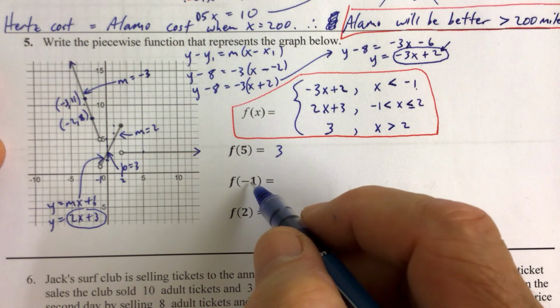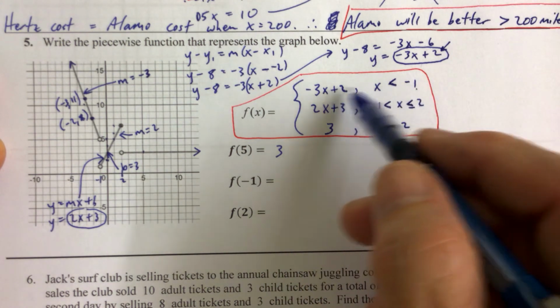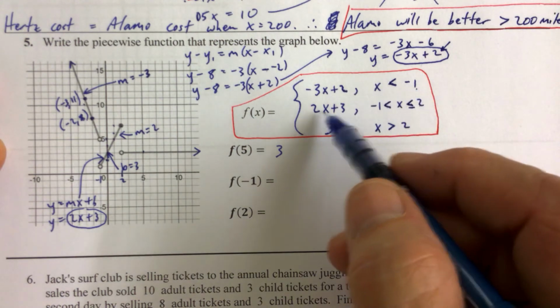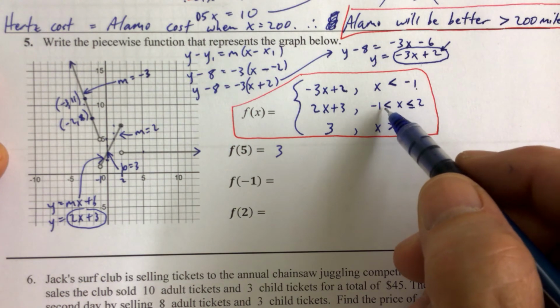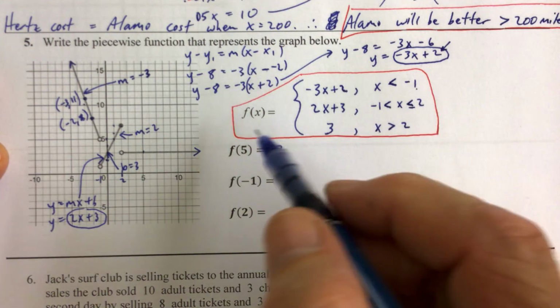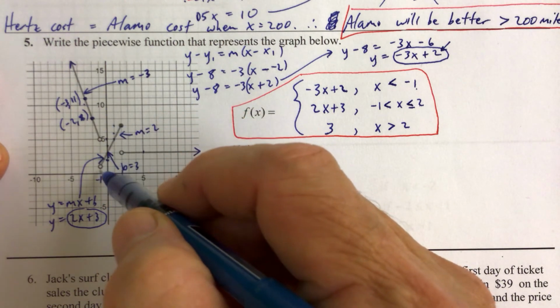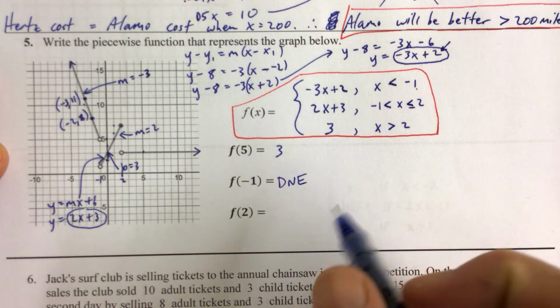Well, we have to find a place for that negative 1. Can't plug it into the first piece because it says that the x's have to be less than negative 1. Can't plug it into the second piece because it says the x's have to be greater than negative 1 but less than or equal to 2. And if we look at the graph, that would make sense that there are open circles there, so f of negative 1 actually does not exist.